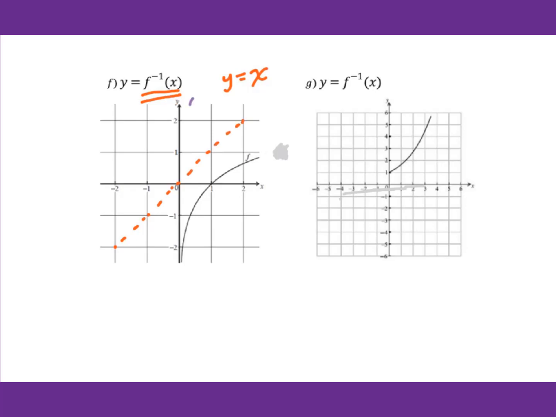Also, you need to know the coordinates will be switched. x, y switch into y, x. I have these points given. It's 1, 0, so switch into 0, 1. It's here. Then you need to find another 2 points. One is here, one is here.